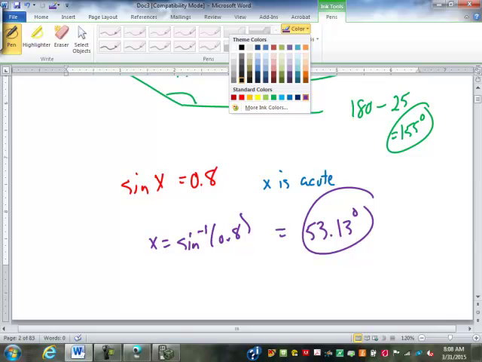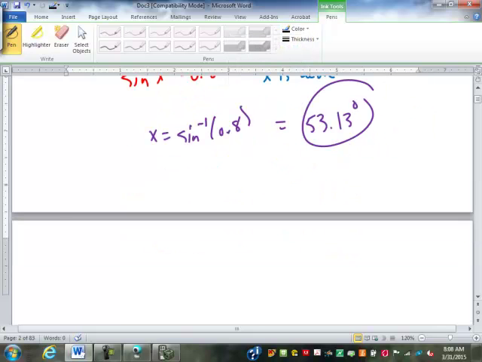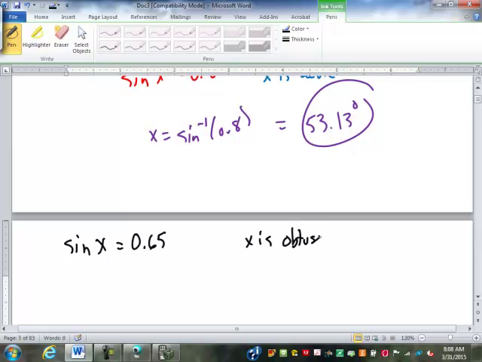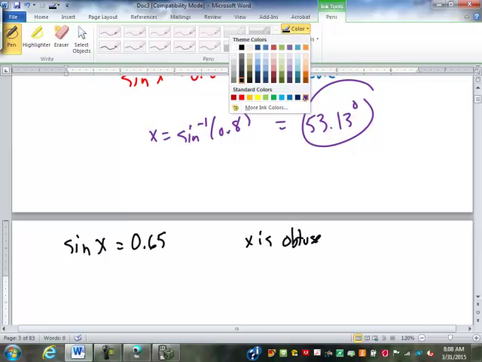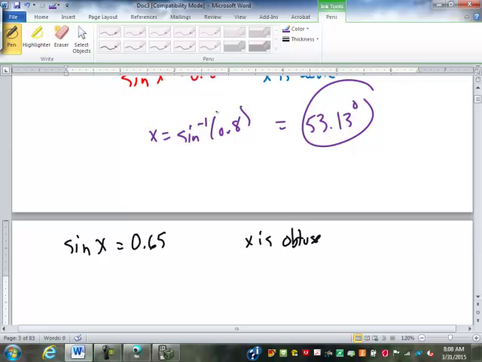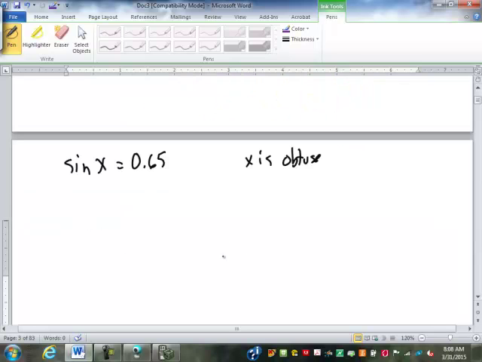But what if I tell you that sine x equals 0.65, and x is obtuse? So what do we do? We start out with the inverse sine of 0.65, which is 40.54 degrees.